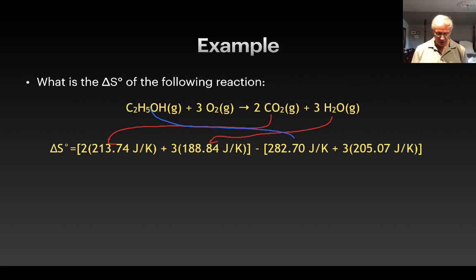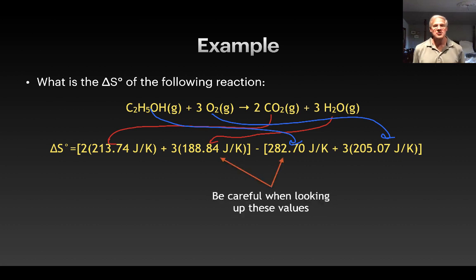We've got our 1 ethanol right there and our 3 O2s there. Notice that for something in its elemental state, oxygen does not have a zero entropy like it does for enthalpy. You have to be very careful of that. You should never have a zero value for entropy. Okay, everything has an entropy, everything has disorder in it.